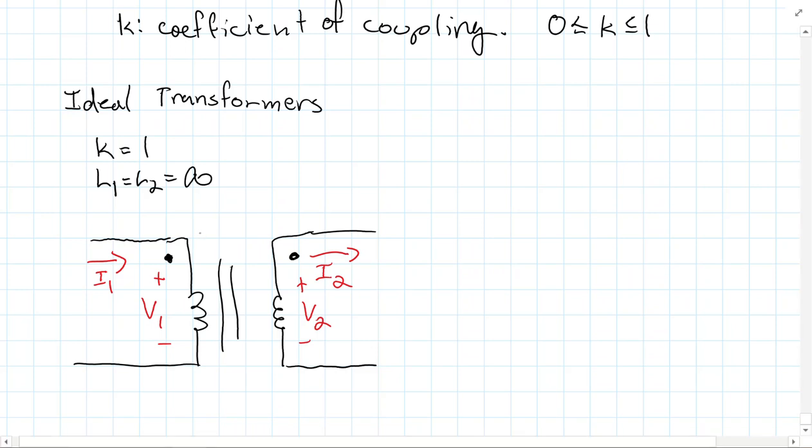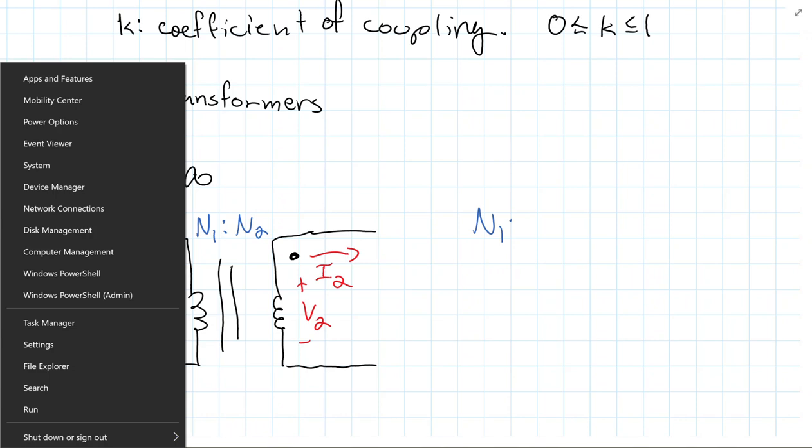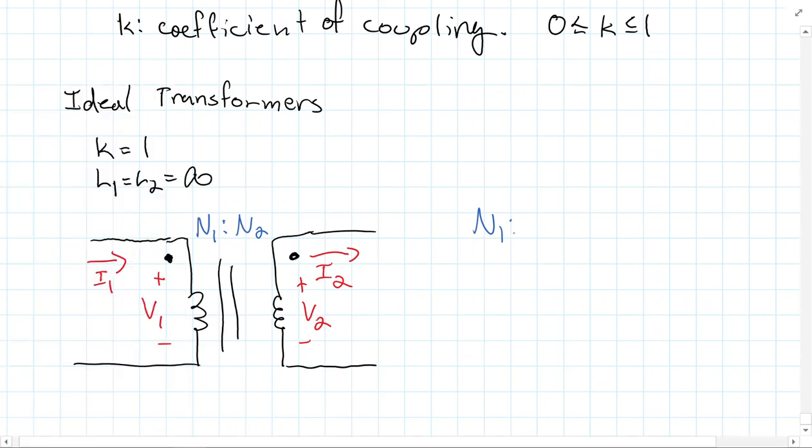And then we didn't have a coefficient of coupling, but we had N1 to N2. And remember, N1 to N2 was something we called the turn ratio.